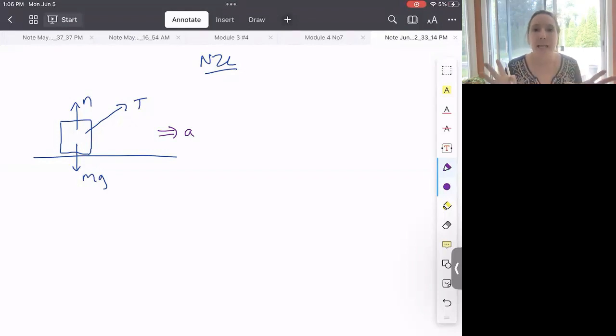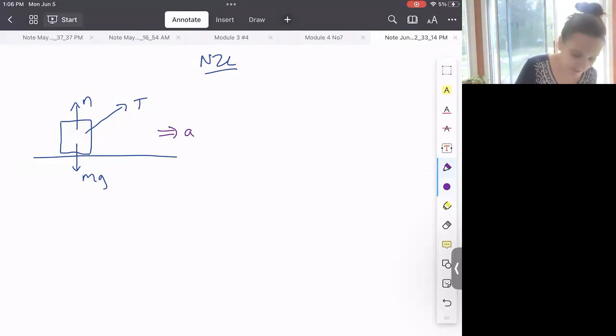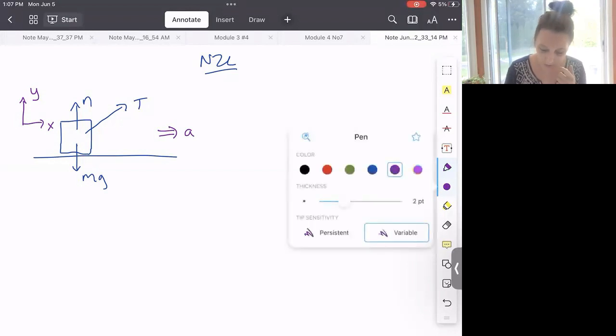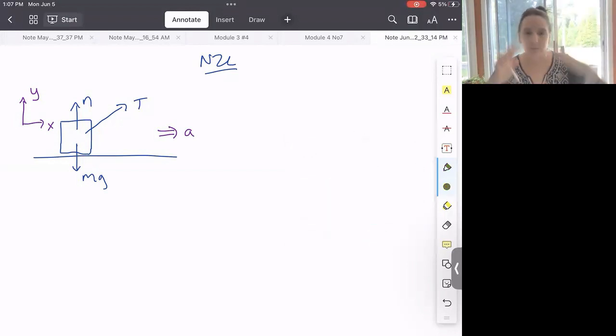And then you choose a direction to call positive. You have to do this in order to make sense of your plus and minus signs. So I'm just going to choose this coordinate system where I'm calling positive Y up and positive X to the right.